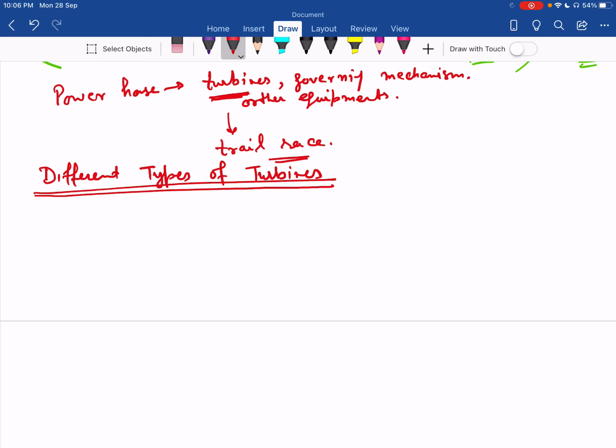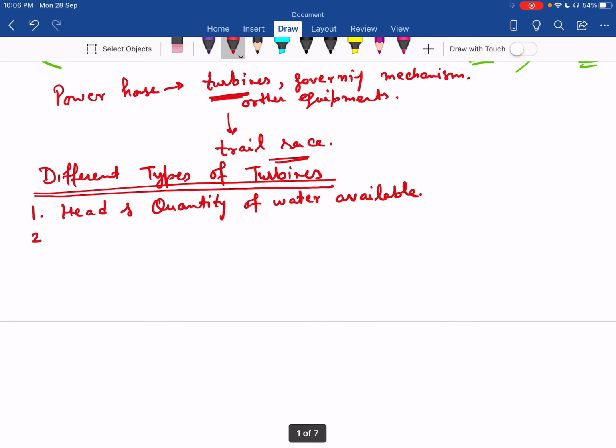Now the turbines are classified on the basis of, number one, head and quantity of water available. Number two, hydraulic action of water.